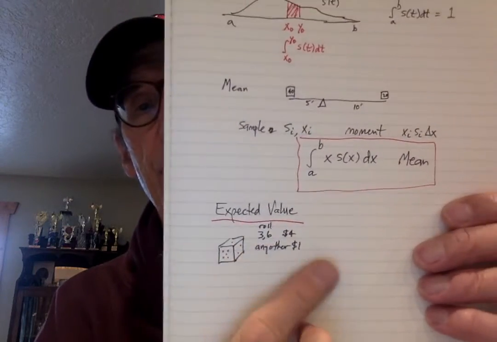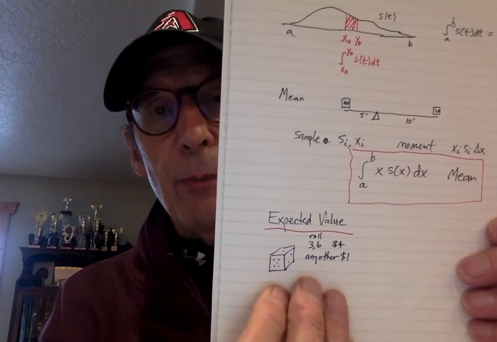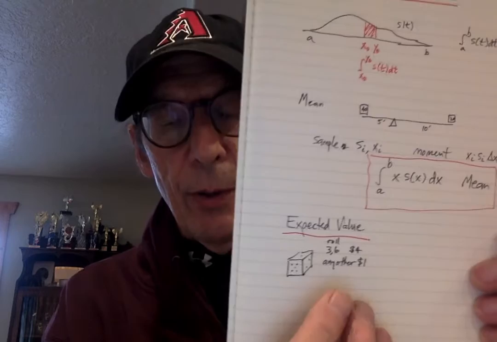And if you roll anything else, you get $1. And you have to pay $3 to play this game. So a third of the time you win, 2/3 of the time you lose, and so those are the parameters. This is really an abstract model of what's going on here.